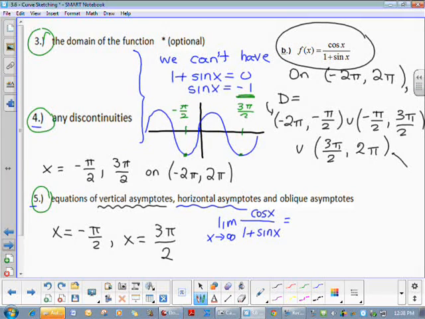I'm hoping that you have some recollection of the fact that if we do try to let this x become infinity or get very close to infinity, the cosine of infinity doesn't really have a specific value, but we do know that it is some constant that lies between -1 and +1.